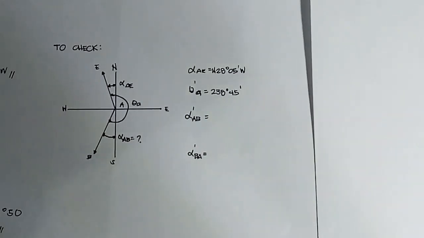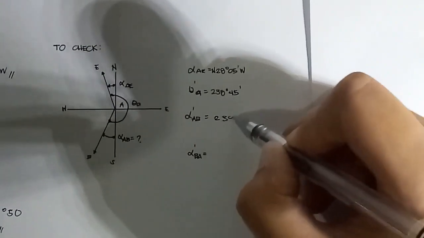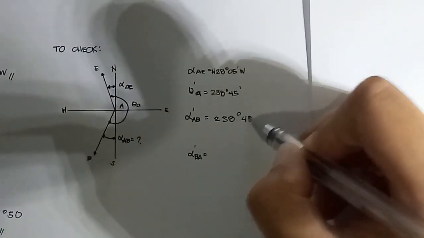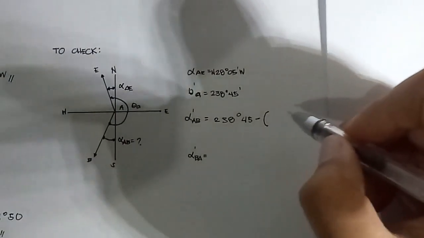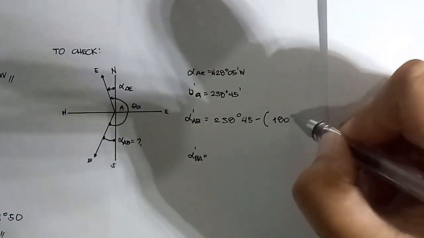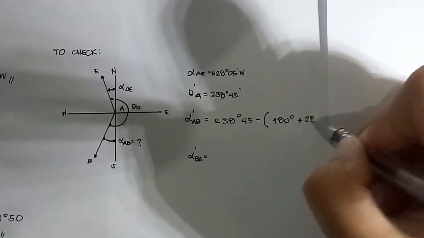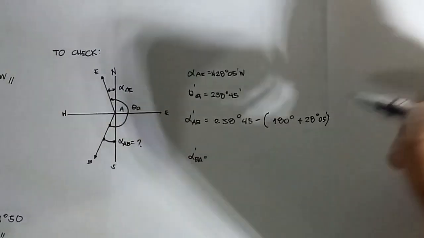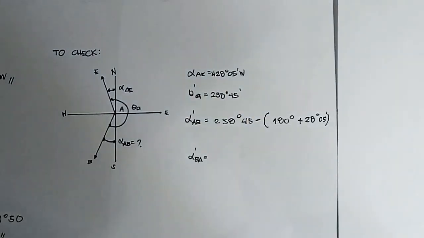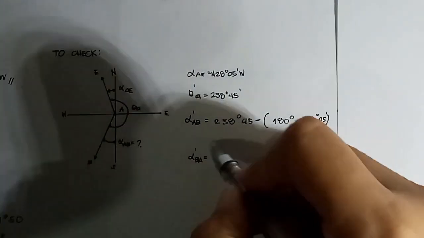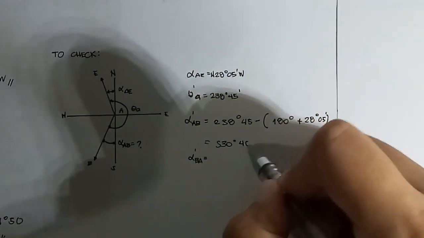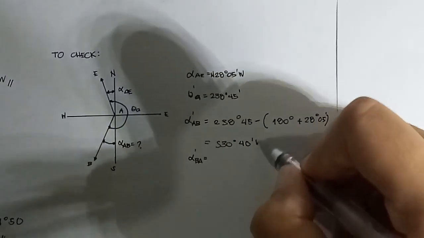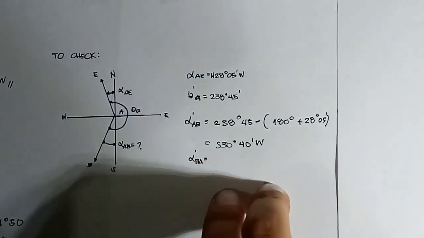So, ang gagawin natin, yung interior angle ng A, which is 238 degrees and 45 minutes, isusubtract natin doon yung sum ng 180 degrees plus 28 degrees and 5 minutes. So, pag nakuha na natin yon, yung sagot, which is south 30 degrees and 40 minutes west, yan na yung adjusted bearing ng AB natin.